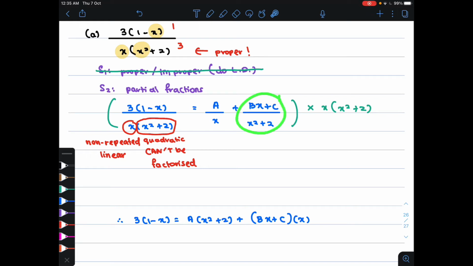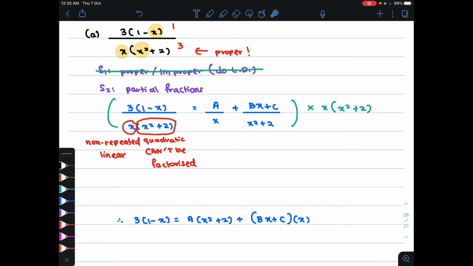When you times this with x times x squared plus 2, you eliminate x squared plus 2 only, so you're left with Bx plus C times x. So that's why Bx plus C has a bracket, and then it times with x. And this is our new equation.